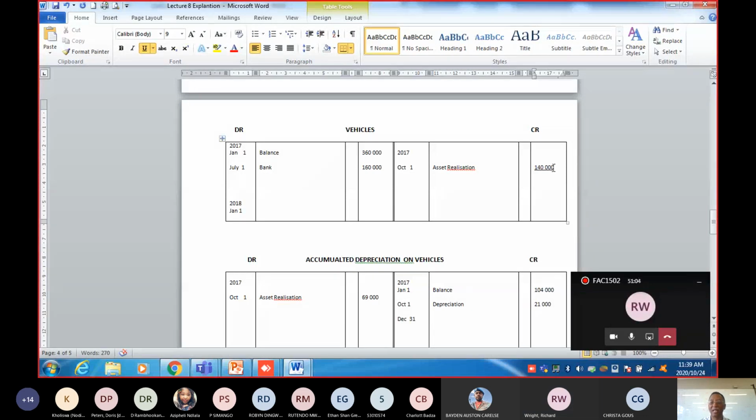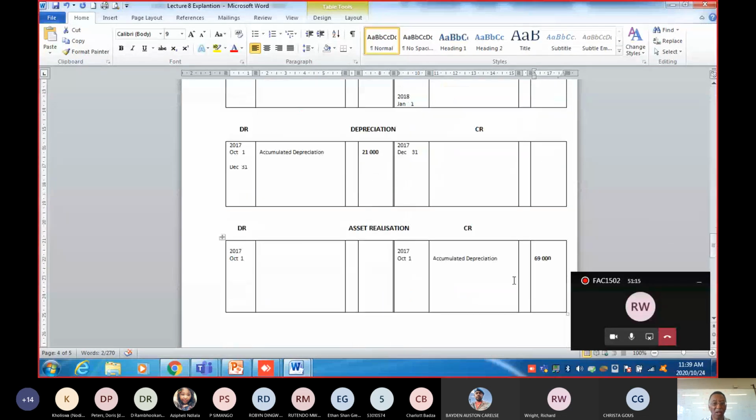We don't have that 140,000 Rand anymore. Your asset realization account will have a debit entry for vehicles, and the cost price transferred in here is 140,000 Rand.